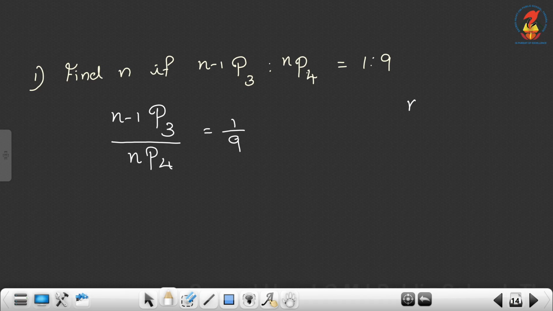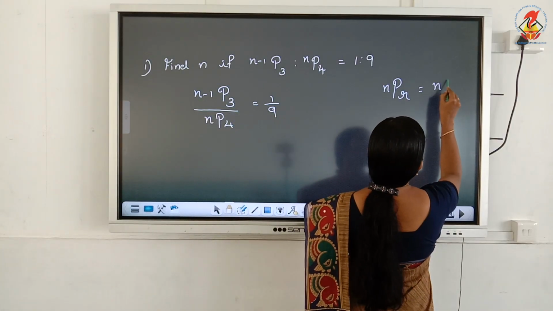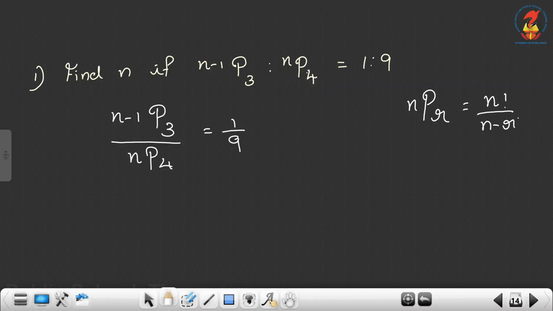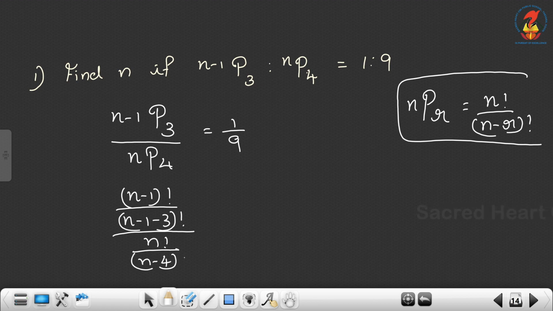What is nPr, children? nPr is the number of permutations of n objects taken r at a time. It is defined as n factorial by (n minus r) factorial. Using that result we can write (n minus 1) factorial by (n minus 1 minus 3) factorial by n factorial by (n minus 4) factorial, that is equal to 1 by 9.